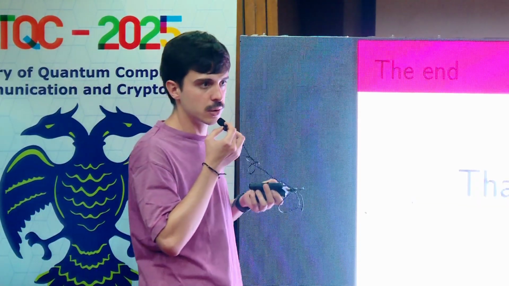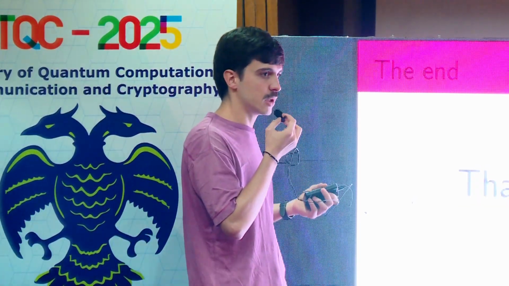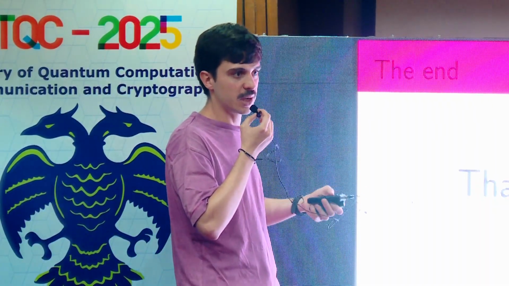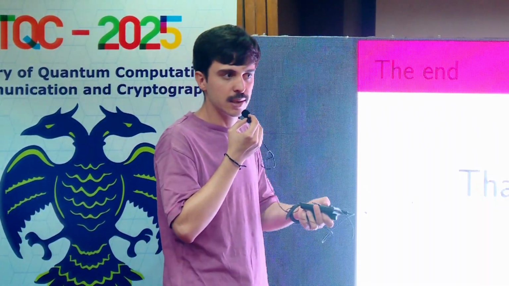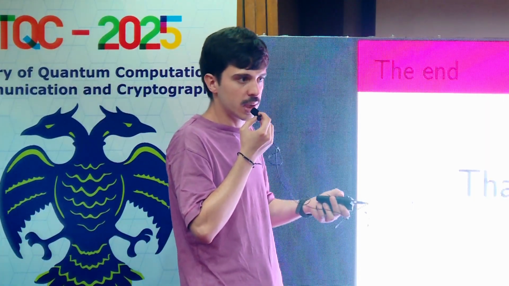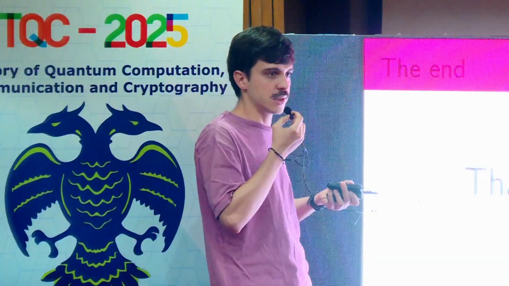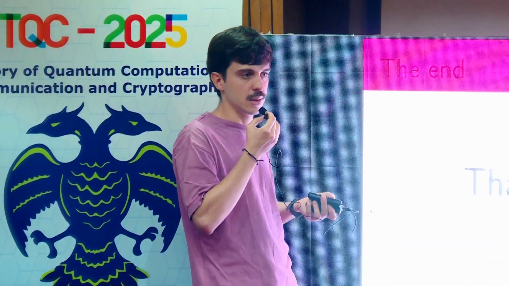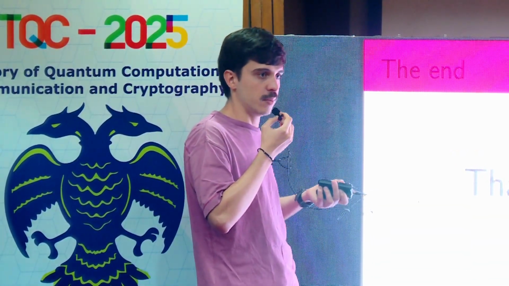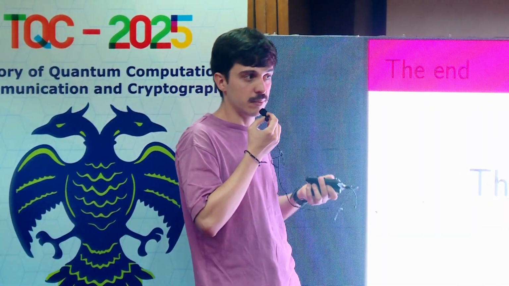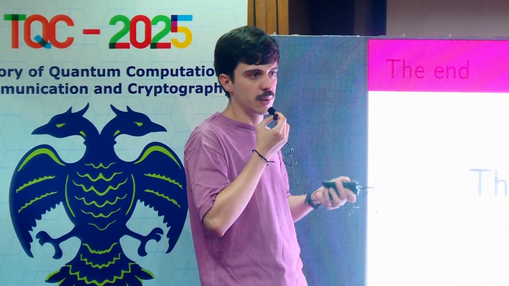I was just saying that we were efficient in the classical post-processing time. That is also a very important figure of merit, because at the end of the day, if you really want to run an algorithm, even when you have fault tolerance, you need efficiency in all figures of merit. So people try to care about these other figures of merit, but maybe they are not highlighted in every work.